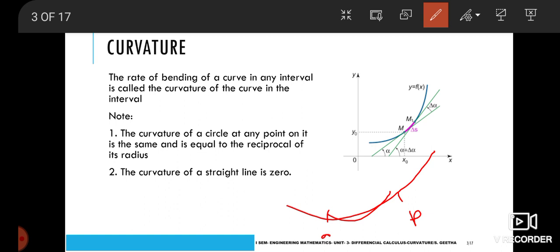For a circle, the bending is common for all the surface. Suppose if I am taking from here to here, here to here, all are the same. That is why I am saying curvature is the reciprocal of its radius.